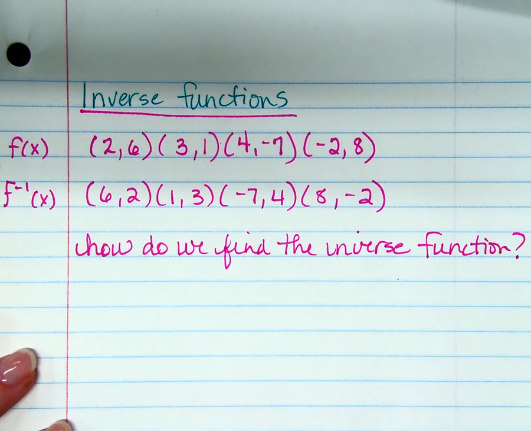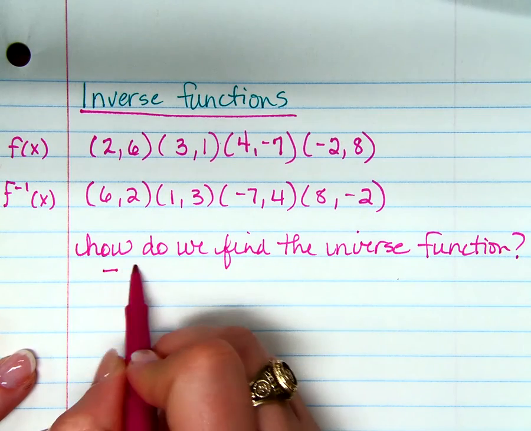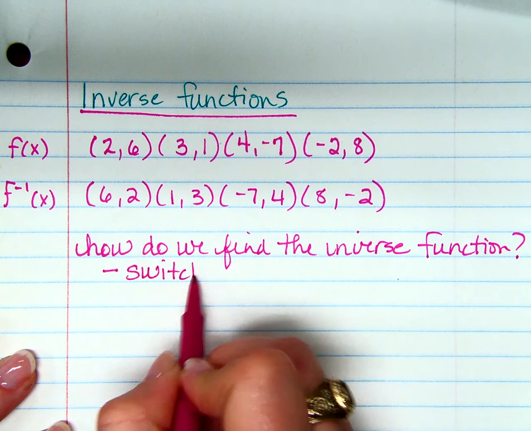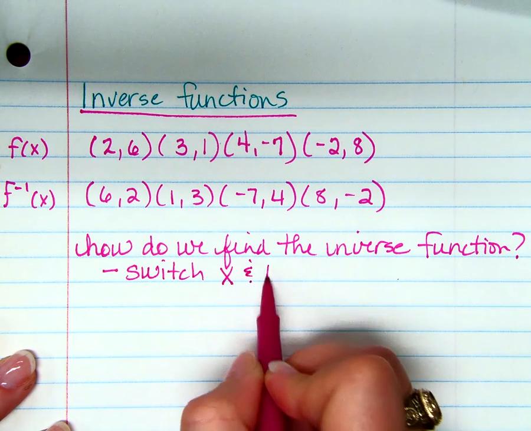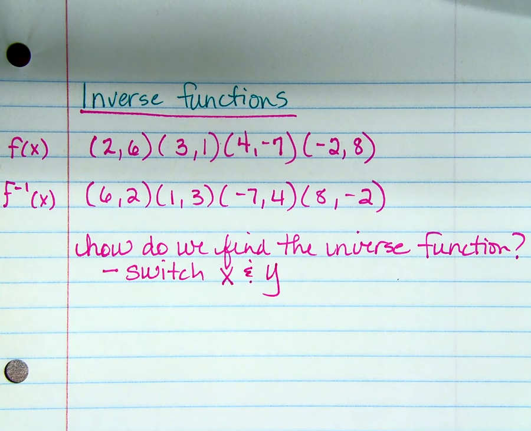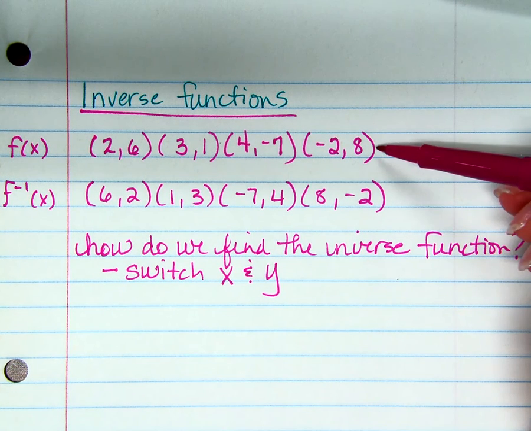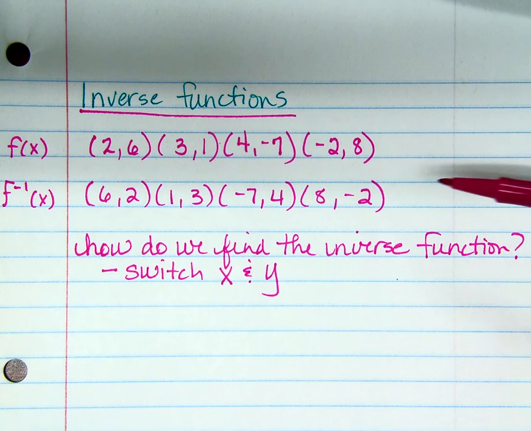And how did you say we find it? Switch x and y. Is it really as easy as that? Most of the time, yes. Okay. With ordered pairs, yes it is. All we do is switch x and y and write it down. That's it. Okay? Any questions about that?